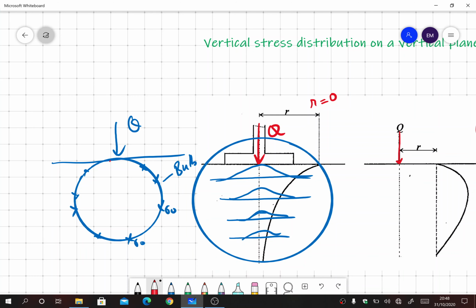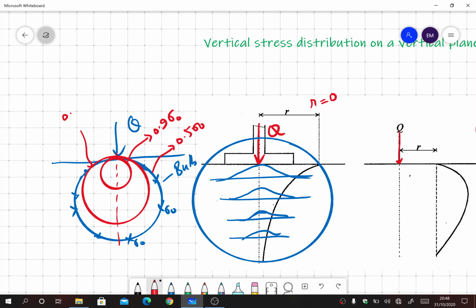Let's say this is the line of action. This is the pressure bulb for 0.9 sigma naught. Okay, this is the pressure bulb for maybe 0.5 sigma naught. Okay, then maybe we can draw another pressure bulb, let's say for 0.7 sigma naught. So this is how we can plot stress intensities.